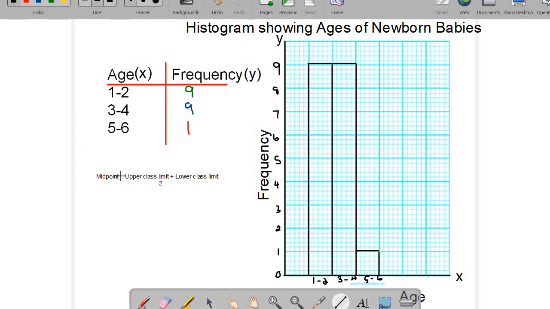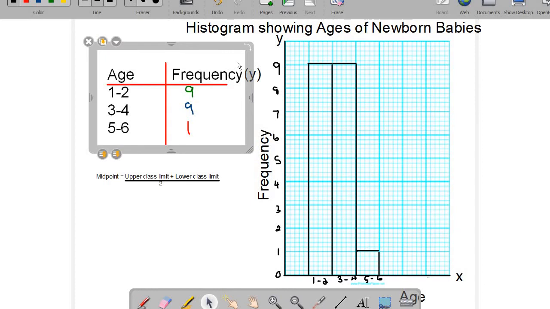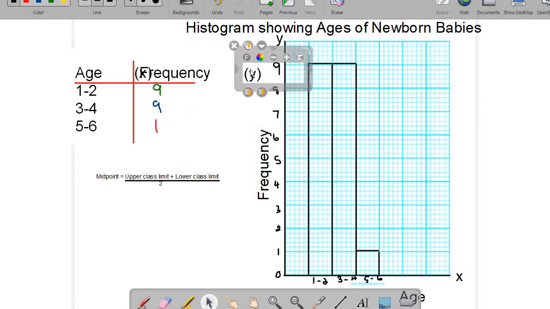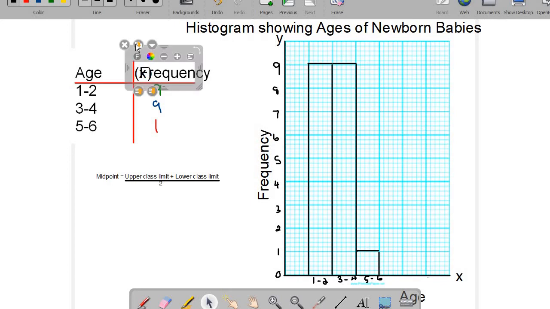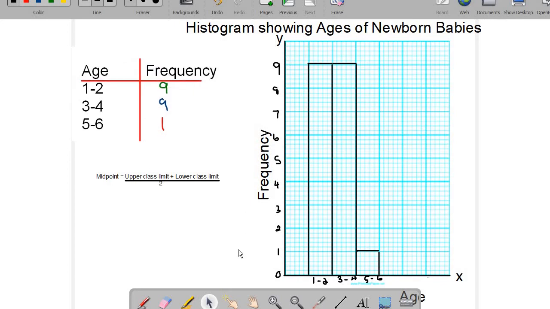So the formula is what you're going to use to calculate the midpoint. And what you can do is create another column for the midpoint. So I'm going to add an extra column here and put midpoint.